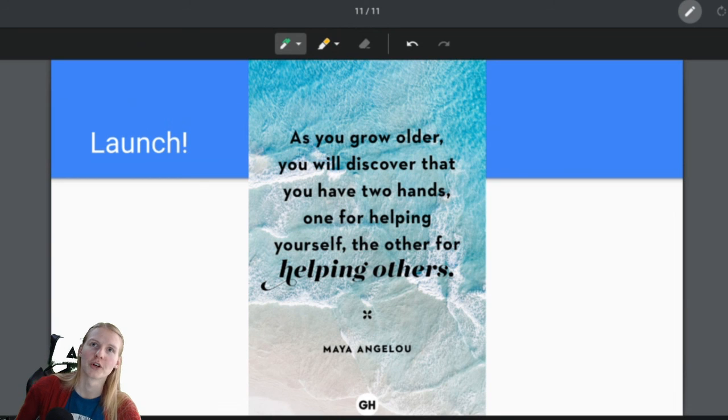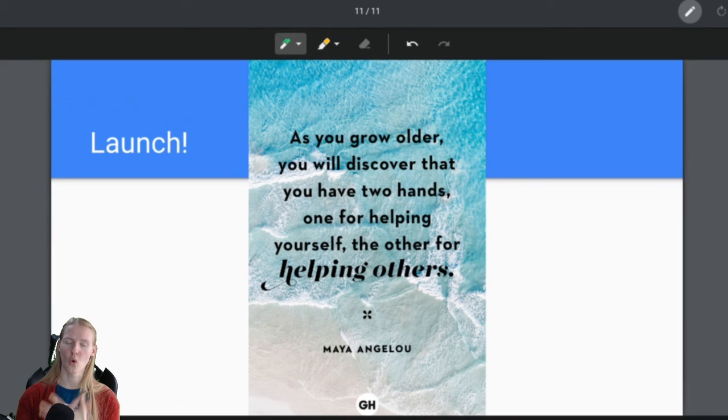And your launch for today. As you grow older, you will discover that you have 2 hands. One for helping yourself, and the other for helping others. So, that might sound a little selfish. 1 hand for helping yourself? What? But you do need to help yourself. You do need to take care of yourself. Because if you don't take care of yourself, you can't take care of others.